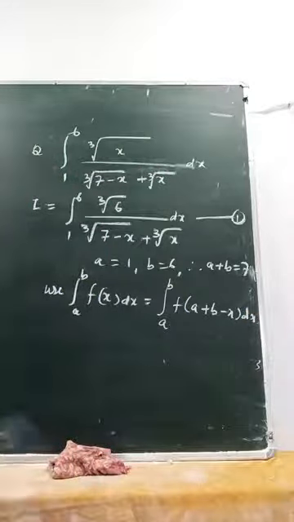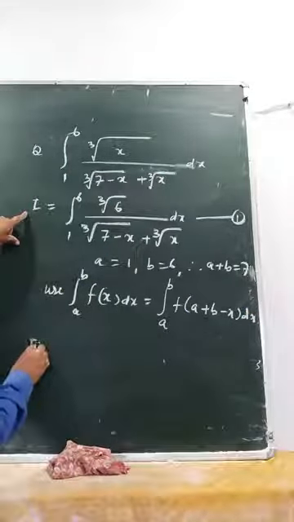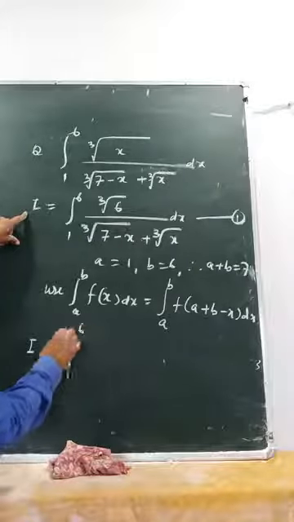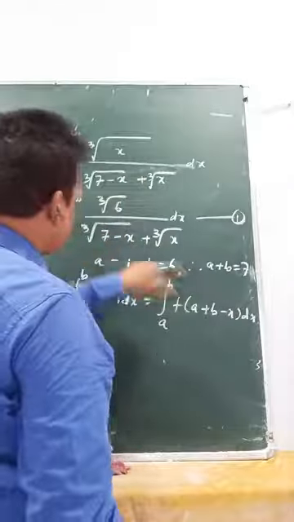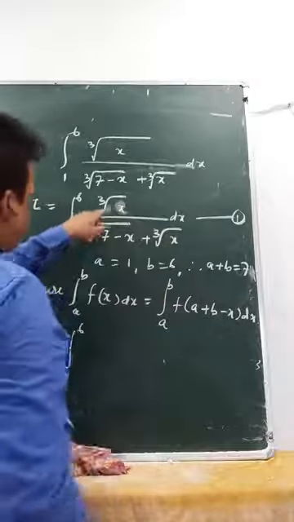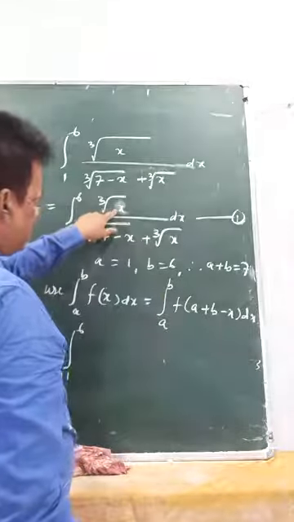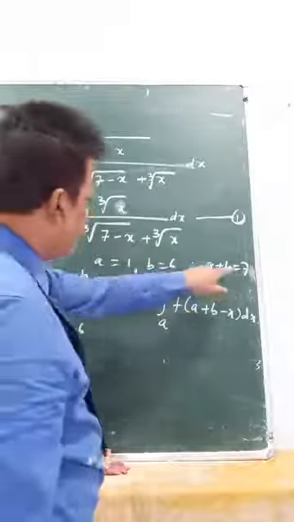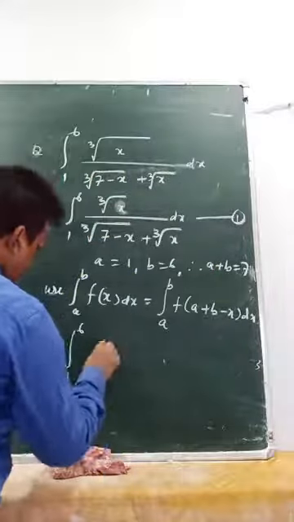Okay, that means your I will be equals integral from 1 to 6 with a plus b minus x, where a plus b is 7, so this will be 7 minus x.